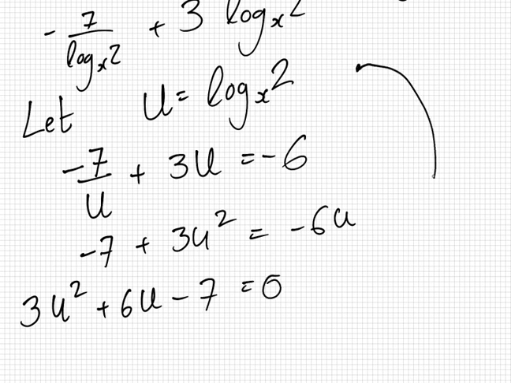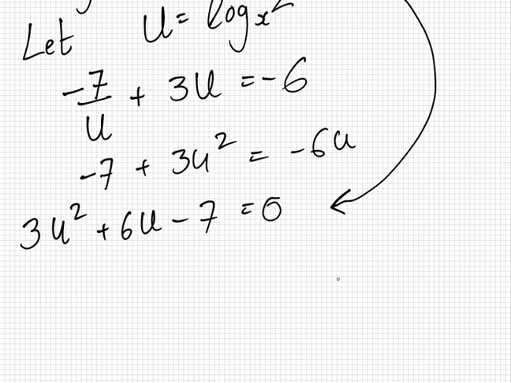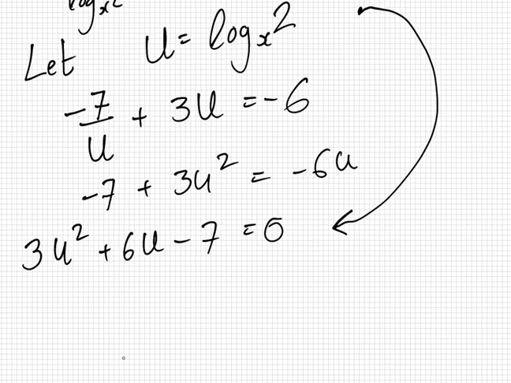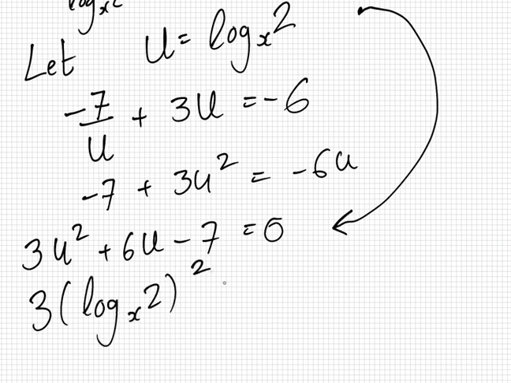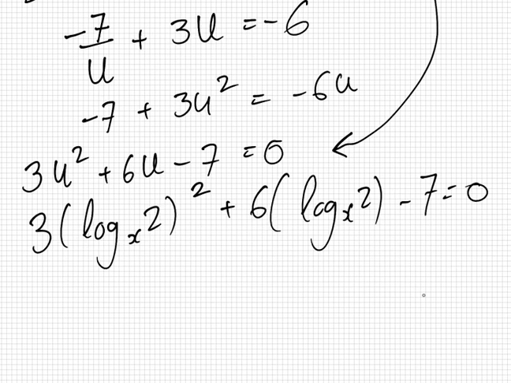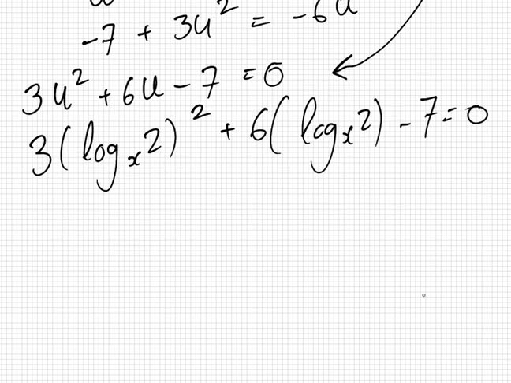But I should change it back now if I want. This is 3 log x2 squared plus 6 log x2 minus 7 equals 0. But anyways, it's still a quadratic, so we should use our quadratic formula. I didn't need to do that, just making it clear.